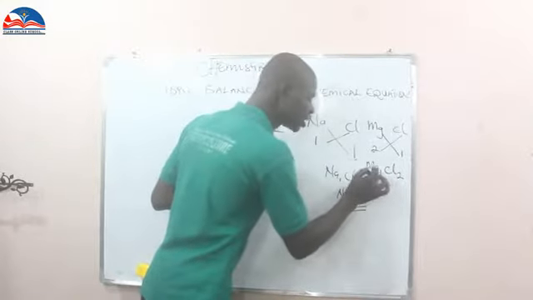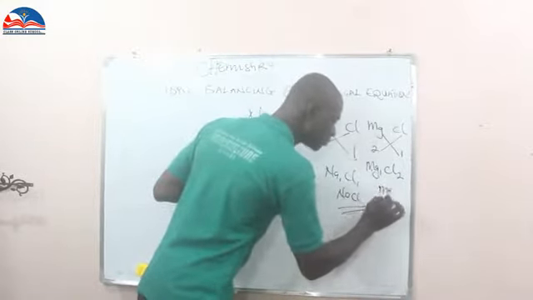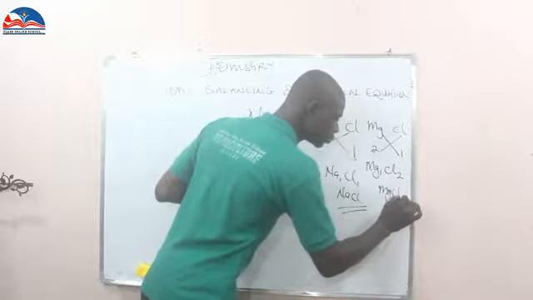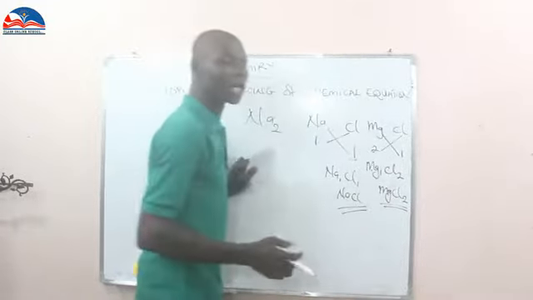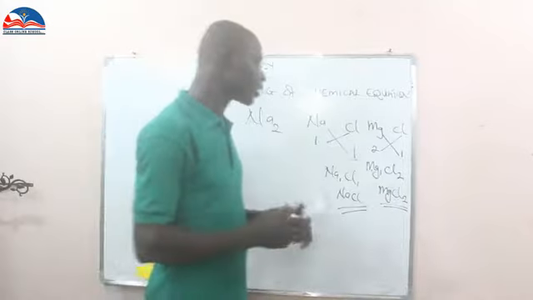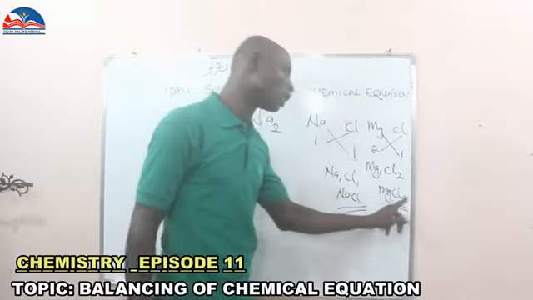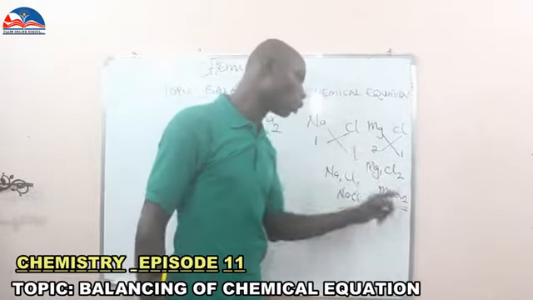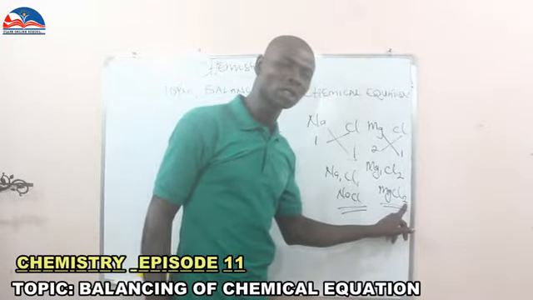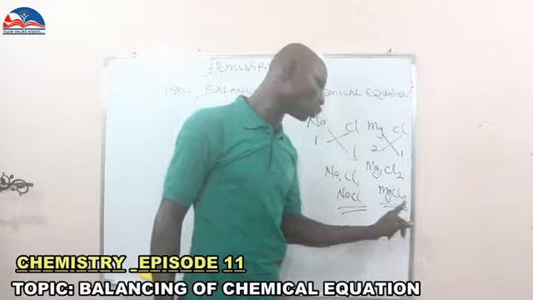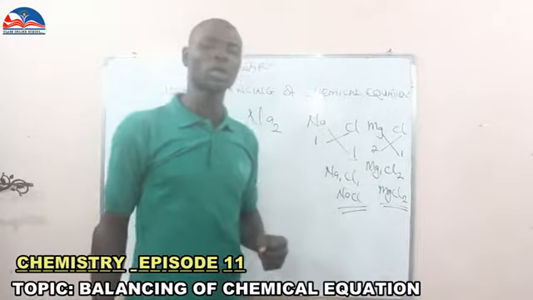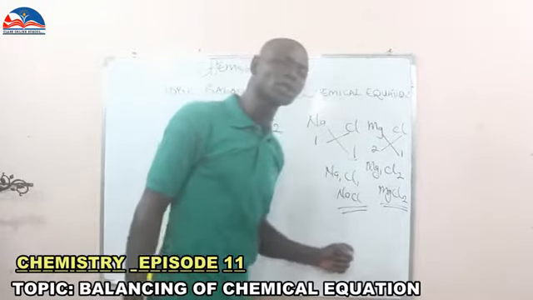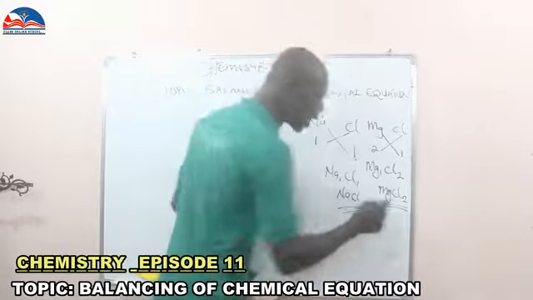So 1 times Mg is the same thing as Mg, giving MgCl2, magnesium chloride. So it is only by the combining power that you are going to see 2 here. But for you to balance your equation, you are not going to put 2 here. It is only by the combination that you are going to see 2 as a subscript. If you want to balance your equation, please don't just go and put 2 here.